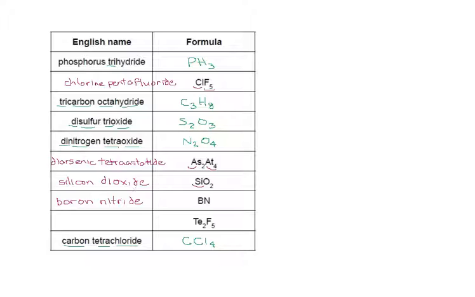So boron nitride. If you want to say monoboron nitride, fine. If you want to say boron mononitride, fine. If you want to go nuts and say monoboron mononitride, also fine. Generally, we don't bother with mono because it just adds letters and it isn't all that necessary. But nothing wrong with it. And if you see other people putting it in, you'll know what it means.